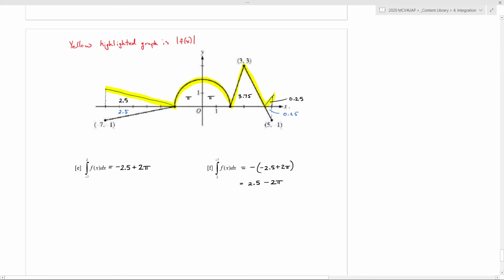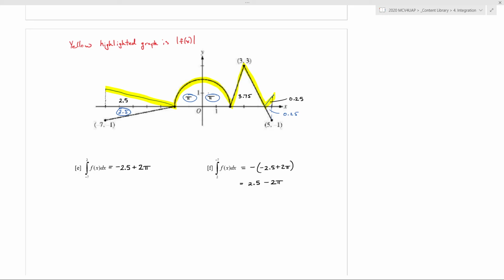If we're integrating from negative 7 to 2, we're integrating from left to right. So I'm actually looking at this value, this, and this. Anything above is positive. Anything below will contribute a negative value to that integral. So it's negative 2.5 plus 2 pi.